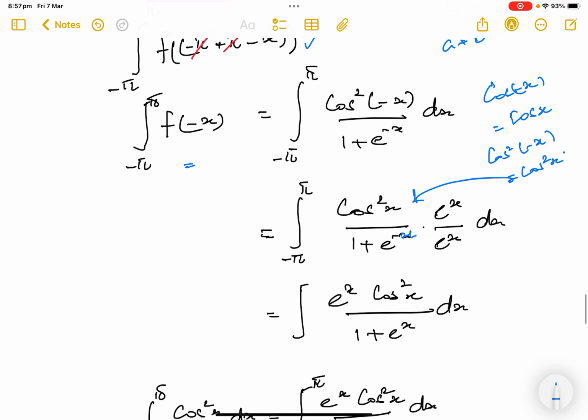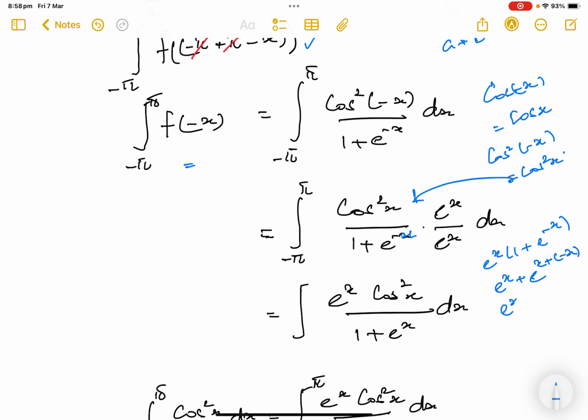So just top and bottom, e to the power x. So what we have, e to the power x, cos squared x. But if you multiply e to the power x by 1 plus e to the power minus x, that is equal to e to the power x plus e to the power x minus x.